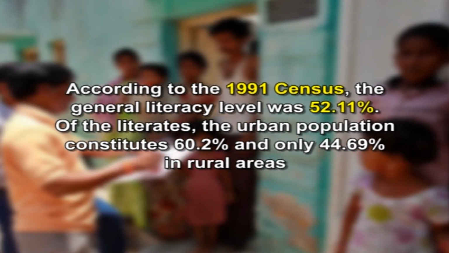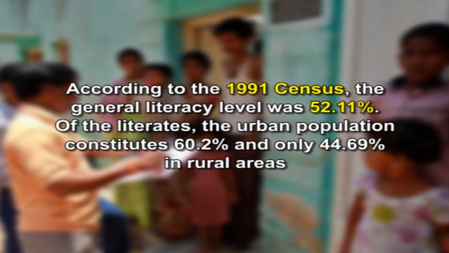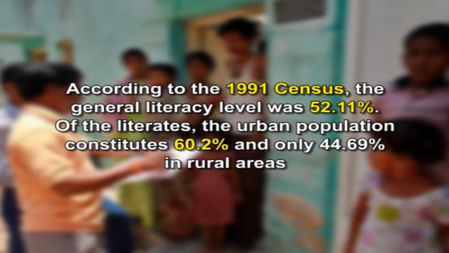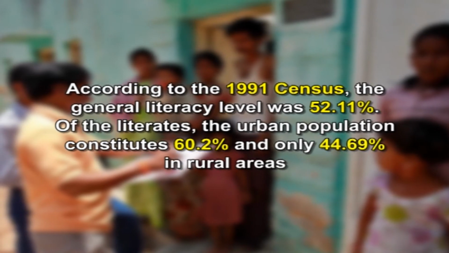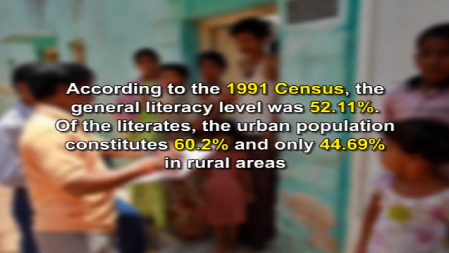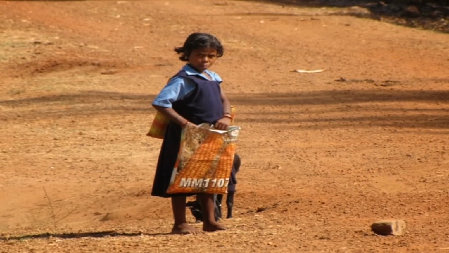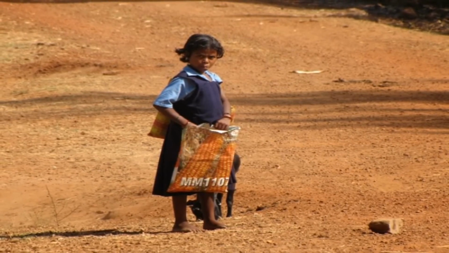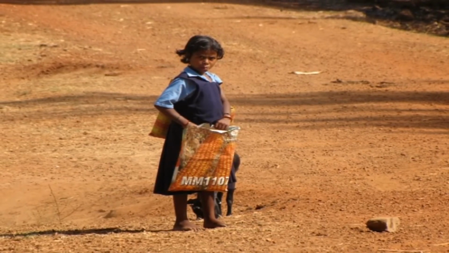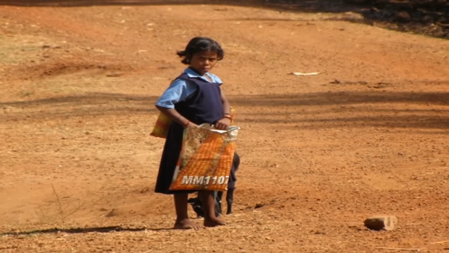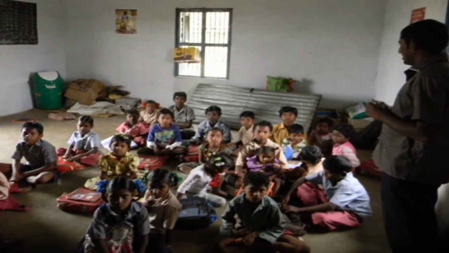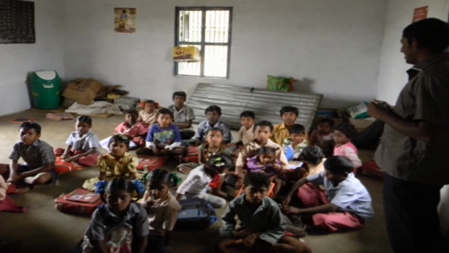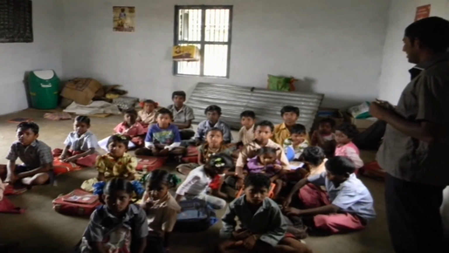Of the literates, the urban population constitutes 16.2% and only 44.69% in rural areas. Formal education still remains beyond the reach of most of the people in rural areas. Non-formal education is the answer to rural illiteracy and ignorance.